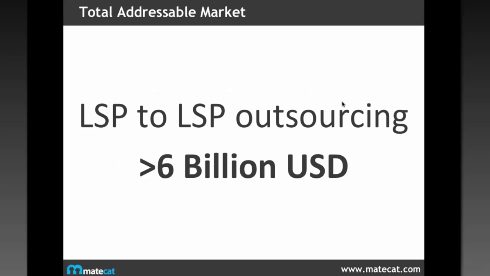This is worth around $6 billion. So what translation companies outsource to other translation companies is worth $6 billion. And that's where MateCat is positioned. So MateCat is trying to address this $6 billion market, to sell translation services to that market, and to do that, we provide the translation technology for free to everybody.